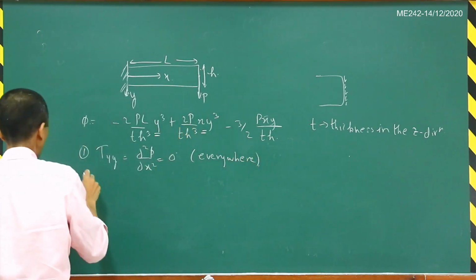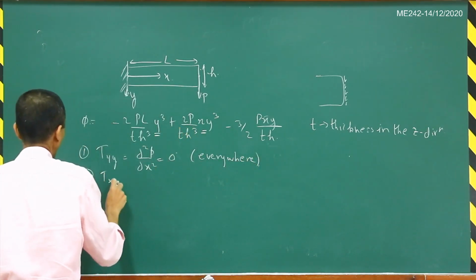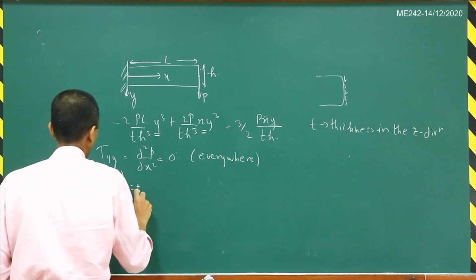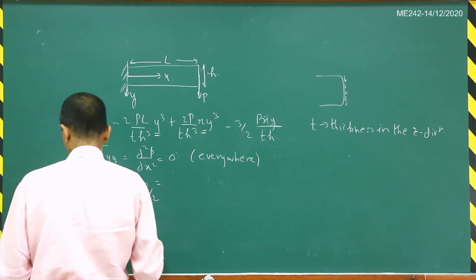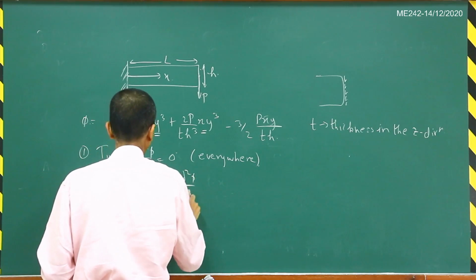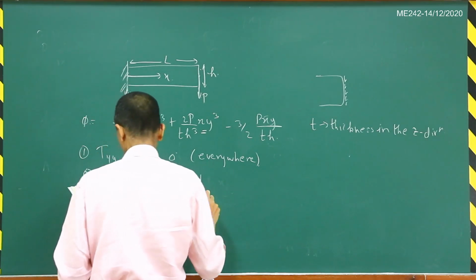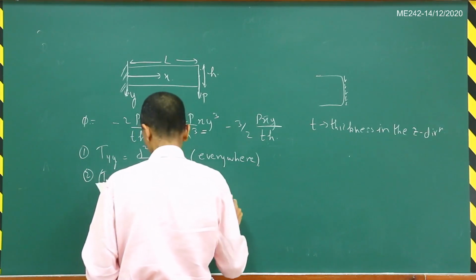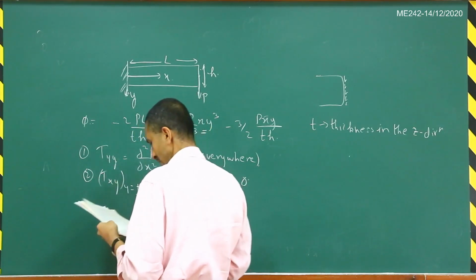Then second is that tau xy at y equal to plus minus h by 2 is equal to minus del square phi by del x del y. So this is at y equal to plus minus h by 2, so this is also equal to 0.